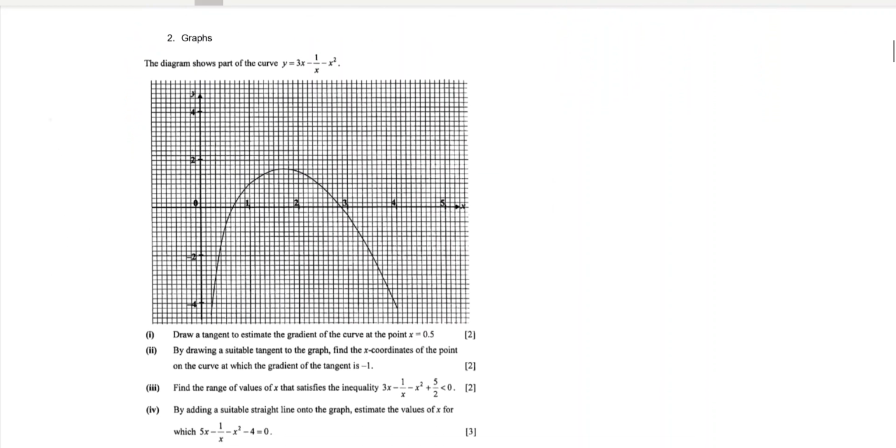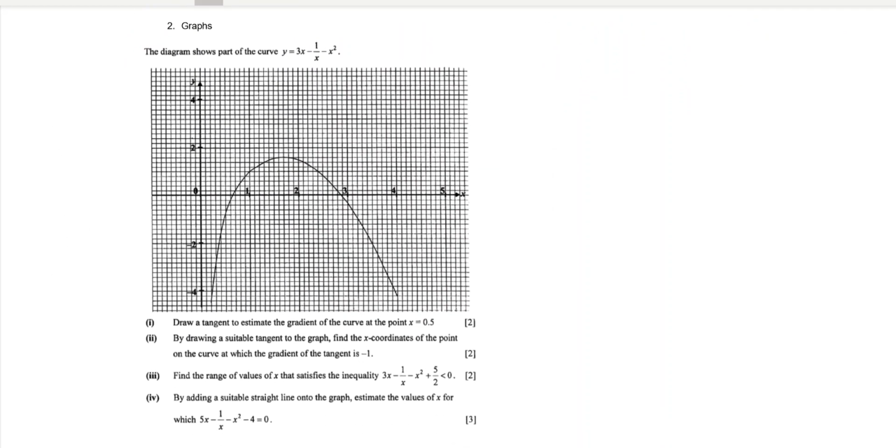The next topic, definitely it will come out, is graphs. Most of us will hope that it is a traditional kind of graph question where they ask you to plot and draw and then find a tangent, and then by including a suitable straight line.